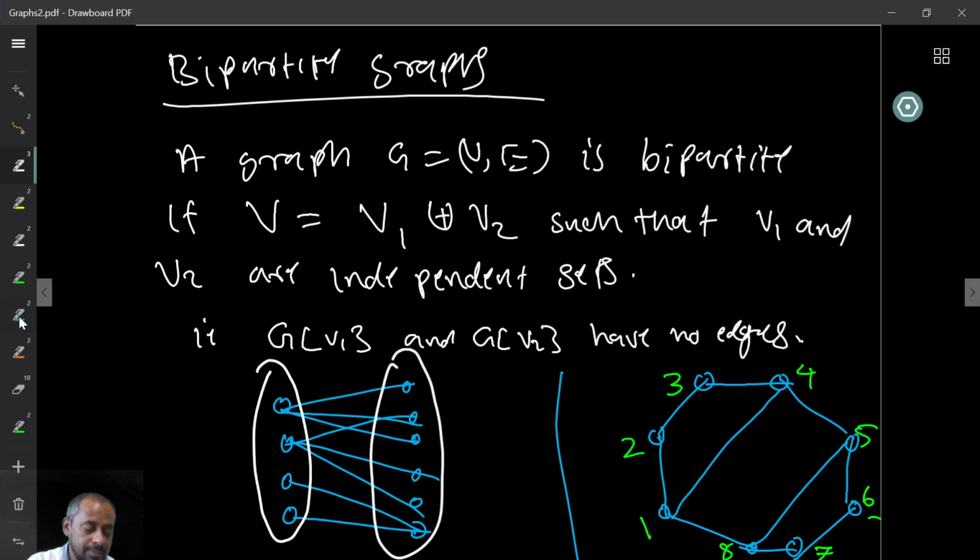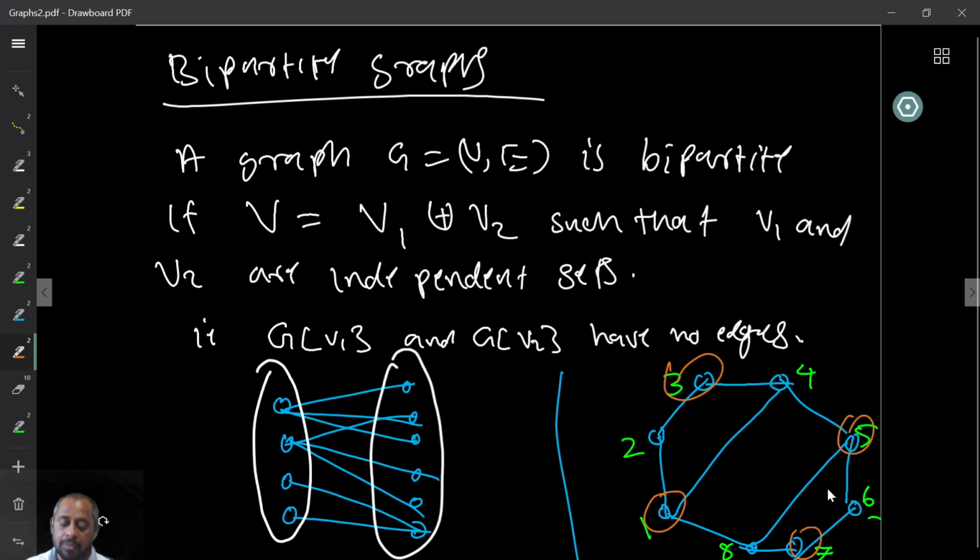Because if you look at the odd vertices, 1, 3, 5, and 7, there are no edges between any two of them. Similarly, if you look at the even numbered vertices, there is no edge between 2 and 4, 2 to 8, 2 to 6, 4 to 6, 6 to 8. So you can verify that that is also independent. So you basically decompose the graph into two independent sets, and therefore it's bipartite.